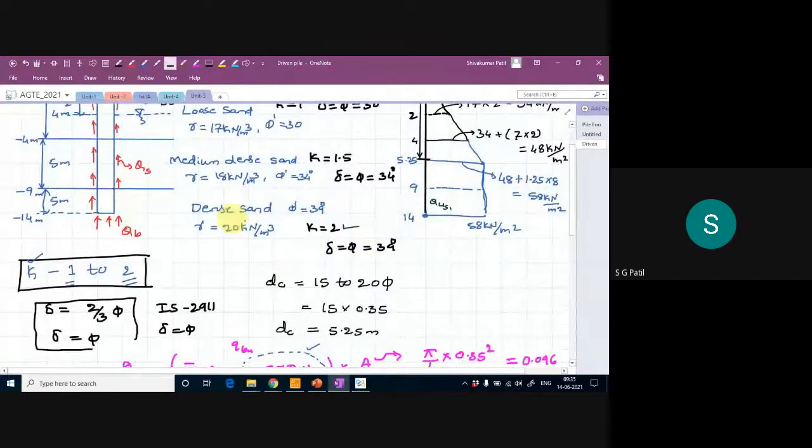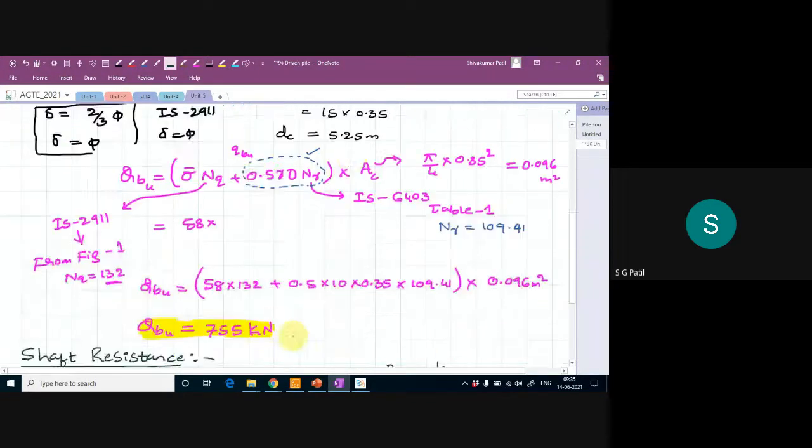Delta is 39, because delta is equal to 5 degree, I have to consider 39 degree.